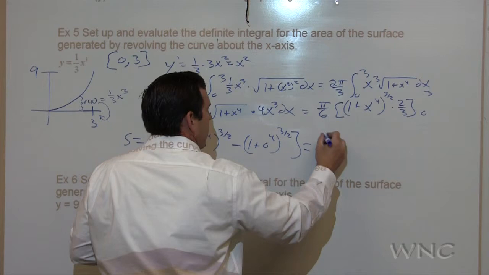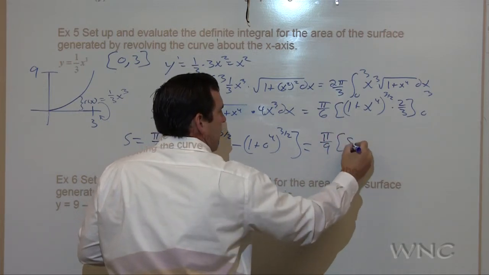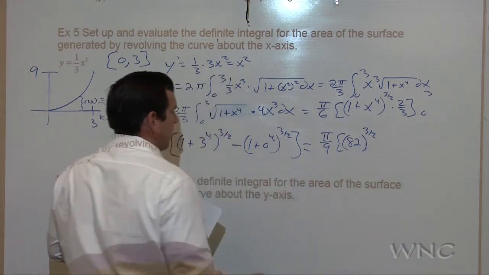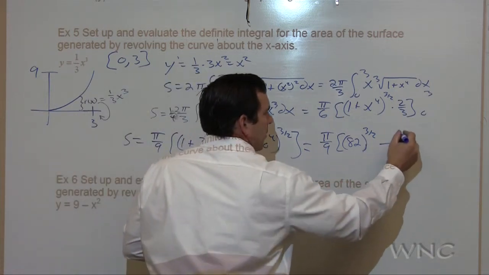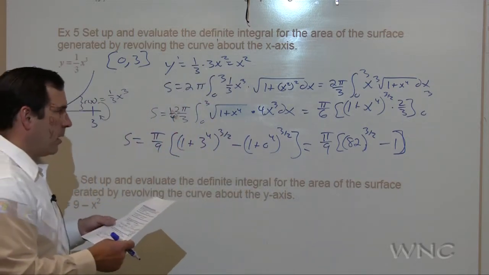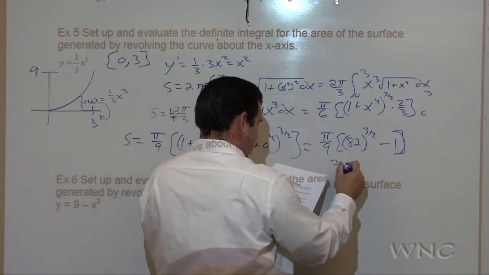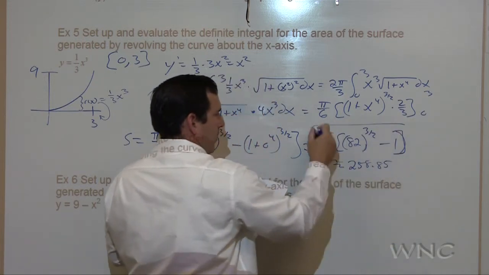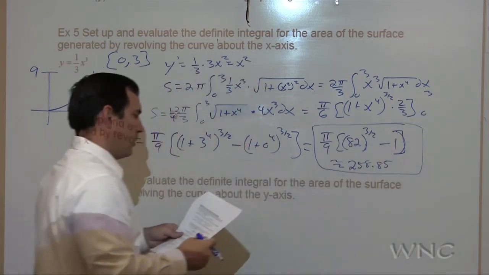So we end up with pi over 9 times 82 to the 3/2 minus 1. And that would be approximately 258.85. There are the two answers.